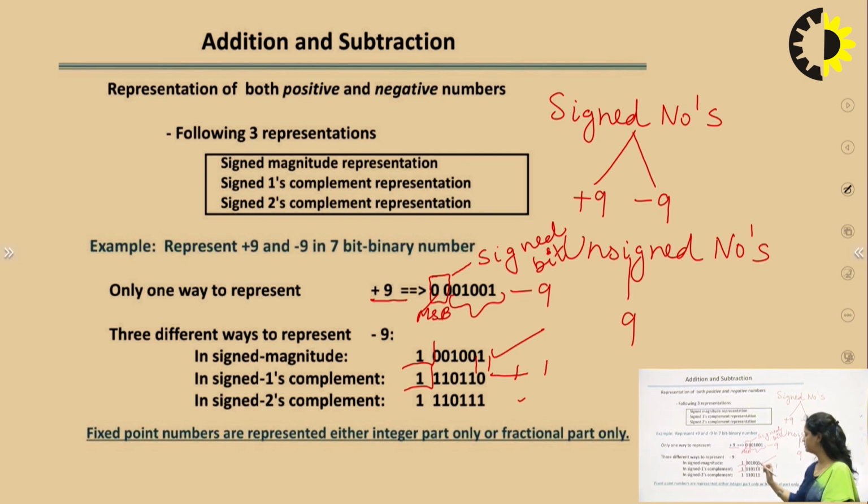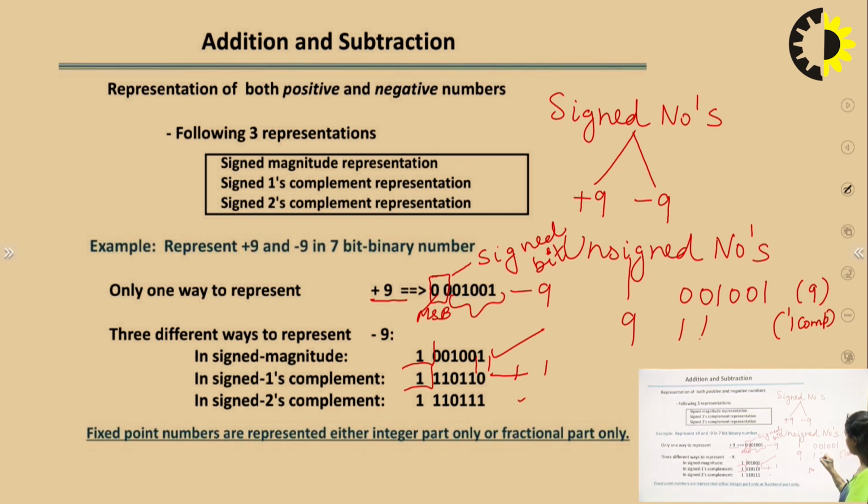For example, here we have the number 001001, that is for 9. And we will invert the bits to find the 1's complement. The 1's complement will become 110110.